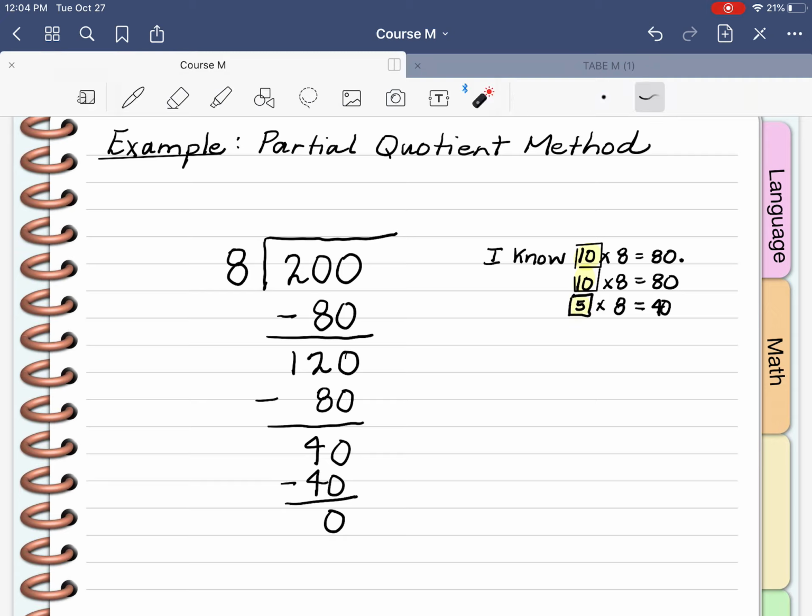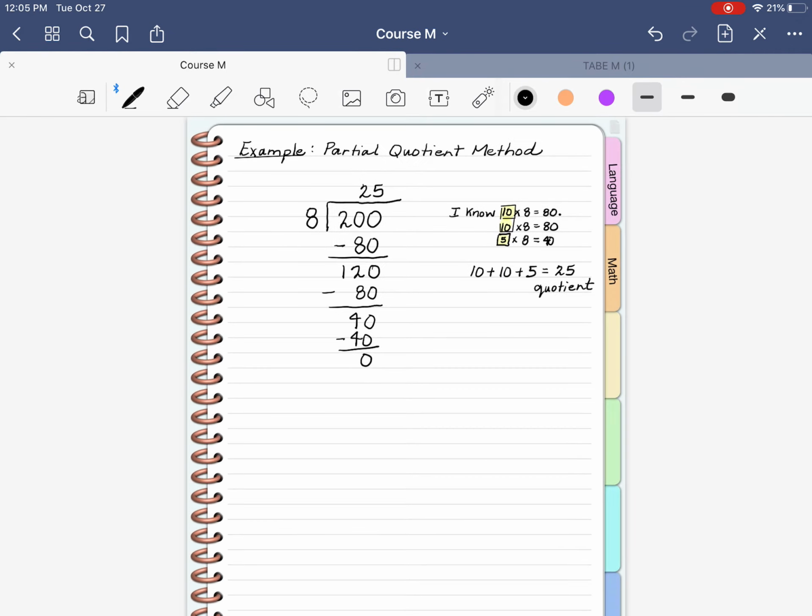Then you add these pieces. 10, 10, and 5 is 25. And that is your quotient. To me, that messes with my mind. I don't like this method. But that's okay.